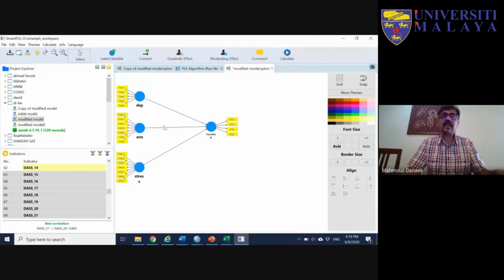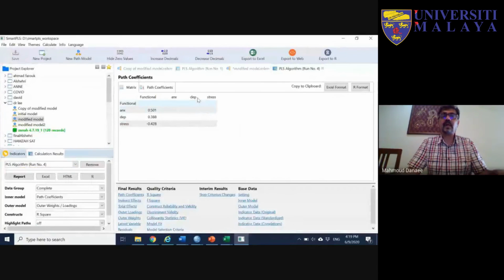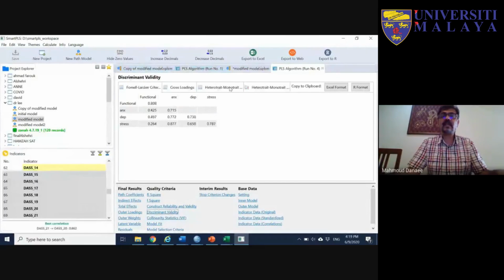As you can see here, when I did the analysis by PLS under discriminant validity and under HTMT, the anxiety is highly correlated with depression. The anxiety is highly correlated with stress. So it means they should be merged because they are the same.